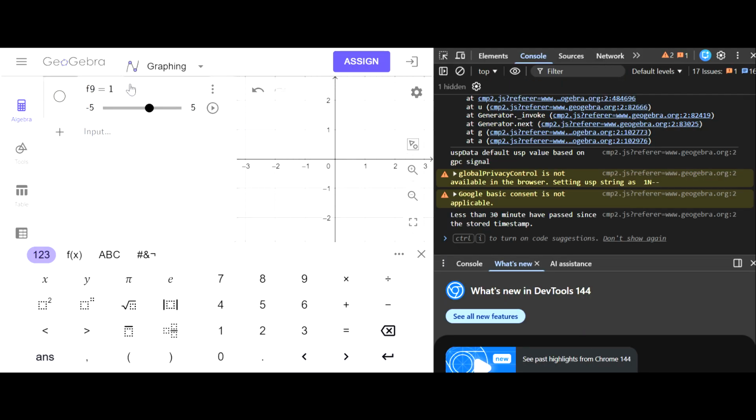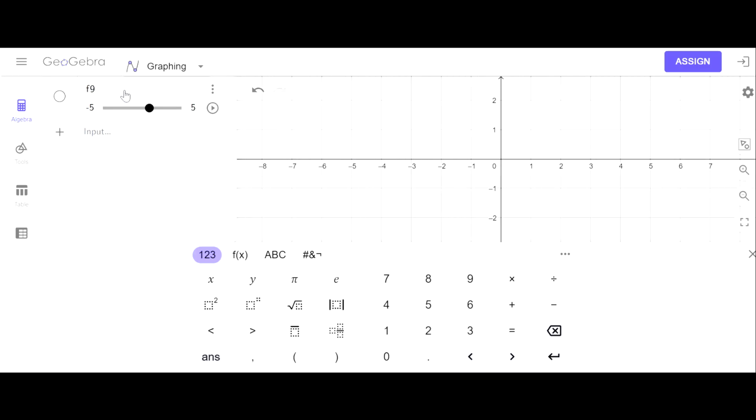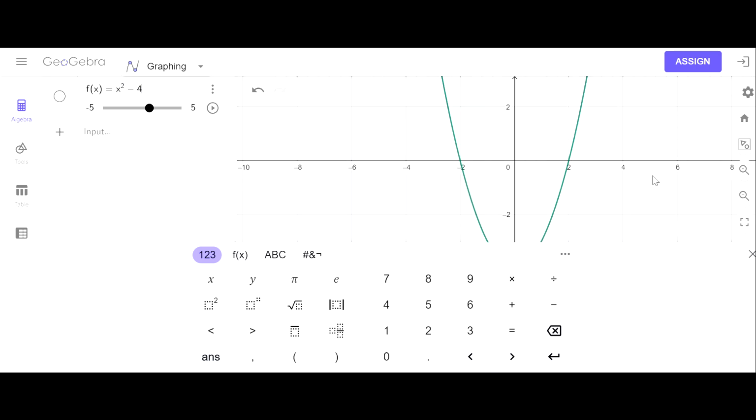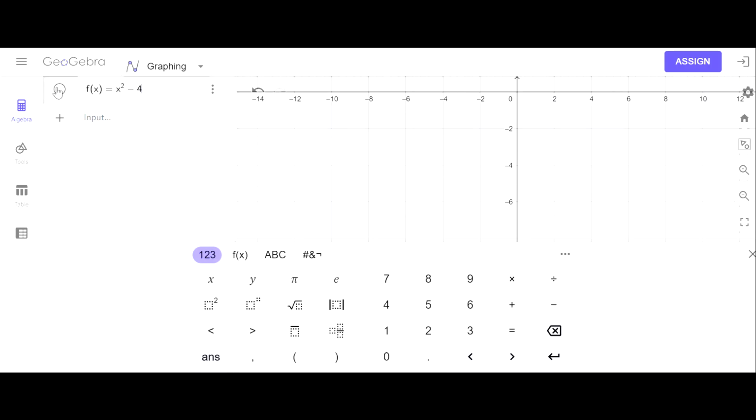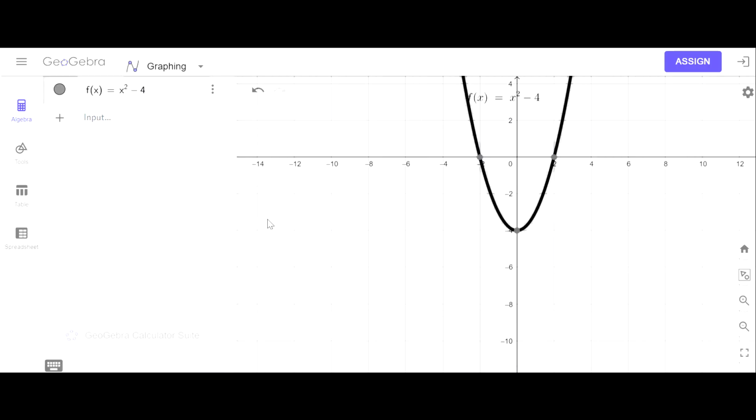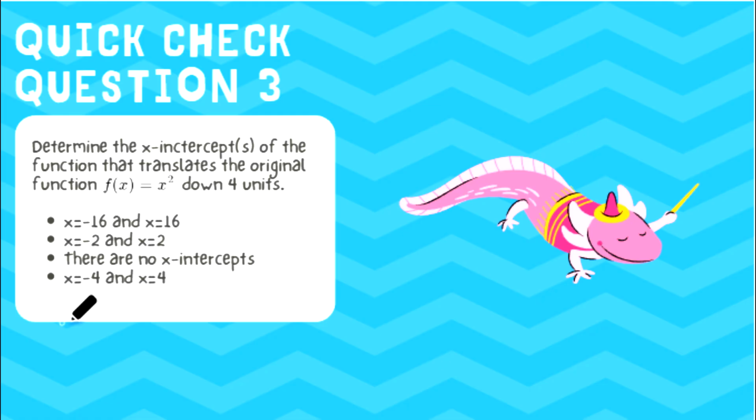F of x is equal to x squared, and then it wants us to move this parent function down 4. I would hope I'm not cheating to tell you that moving it down means negative, and 4 is the number we're moving it down. Now it wants to know what the x coordinates are for this problem. You just go ahead and select whichever one of these is the correct answer.